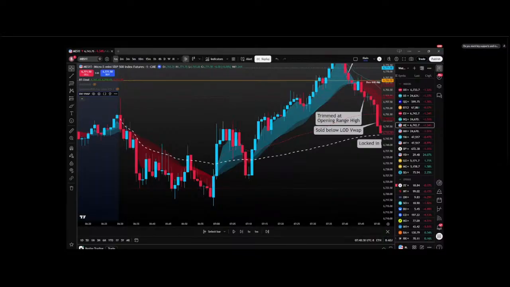Buckwheat's VWAP doesn't show me the same view as yours. Do I need to change anything in settings? What time frame are you on, Leo? 5 minute.